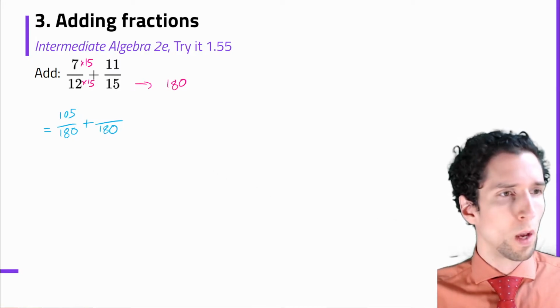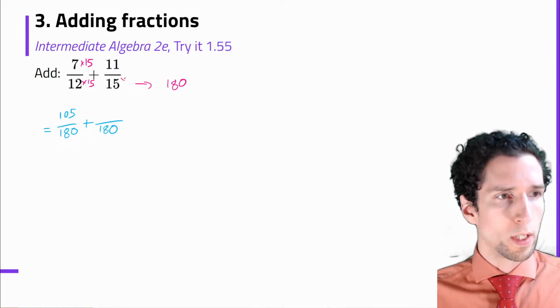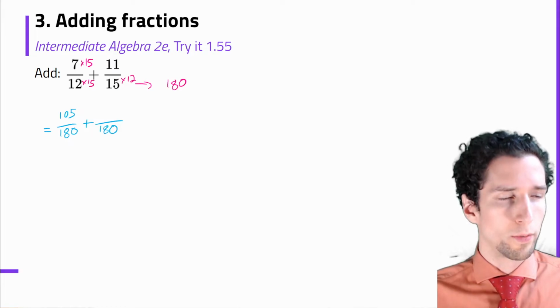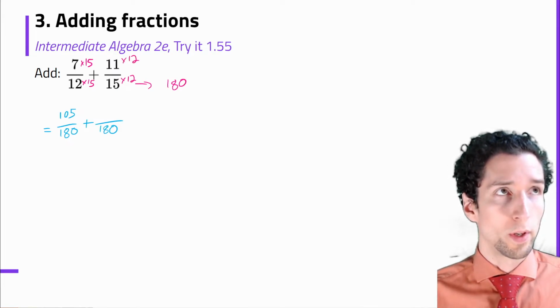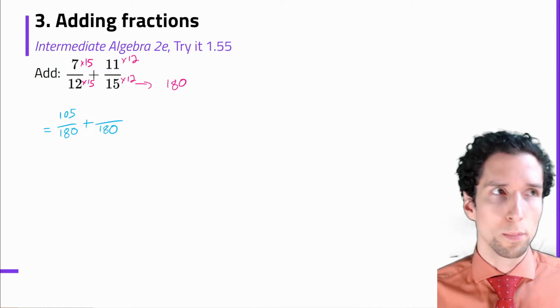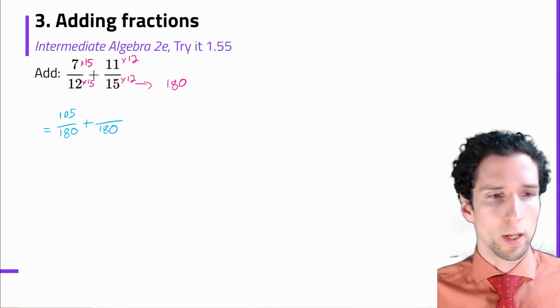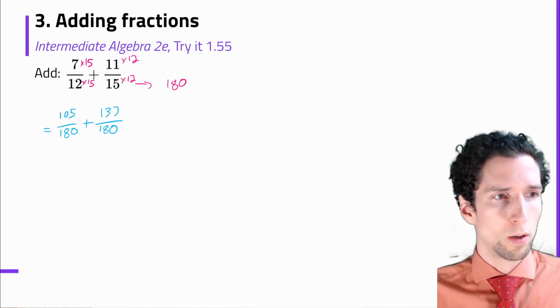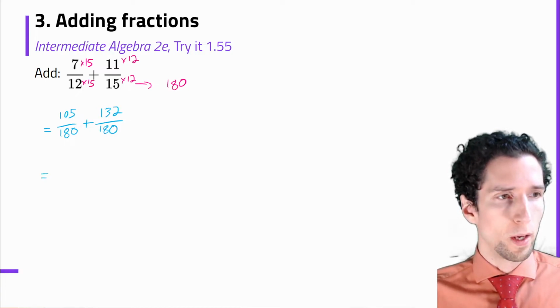And the other one, we did times 12 to get 180, so 11 times 12. 12 times 10 is 120, plus one more 12 would give us 132. And just add those, and we will get 237.